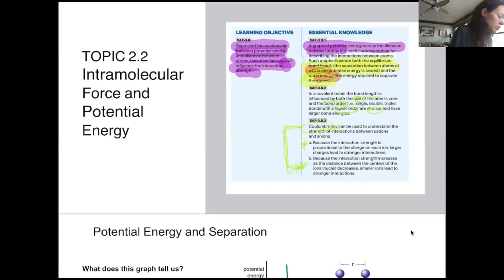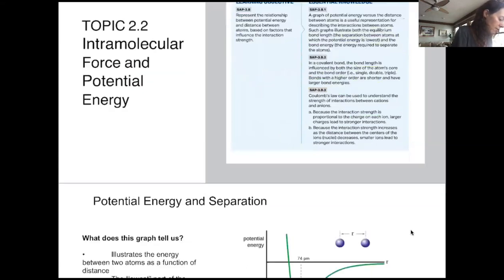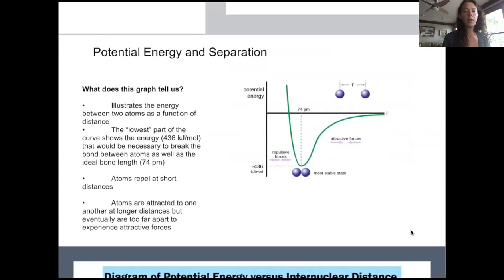Okay, so when we talk about these graphs, which you'll see in the next slide, this is a potential energy versus distance graph. They always look something like this. Now, let's look at what's going on here. This is your potential energy.